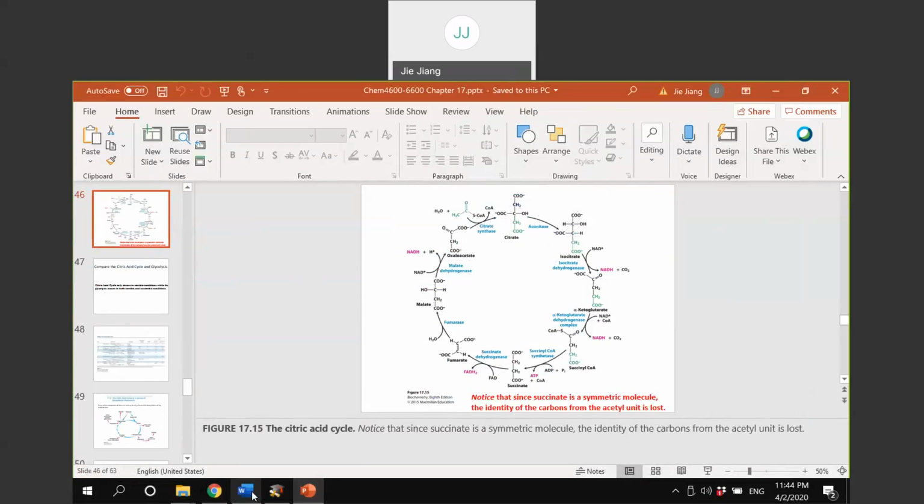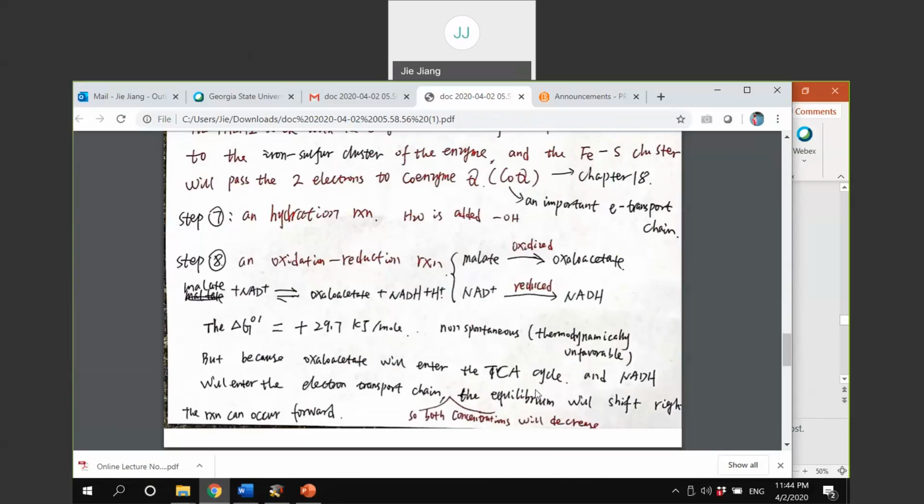It will be used, which means the concentration of your product will decrease. And the NADH will enter oxidative phosphorylation. So both of these products will be used for later reactions, which means their concentrations will decrease.